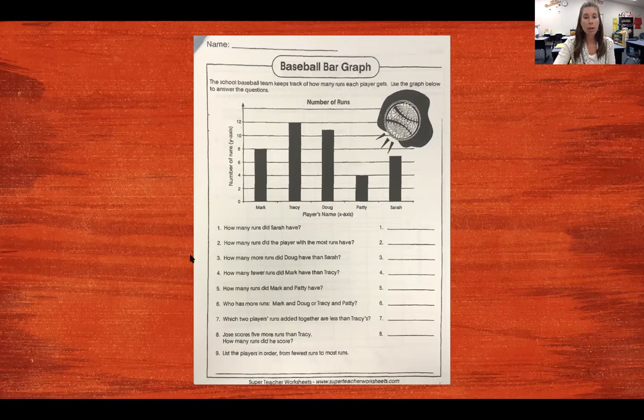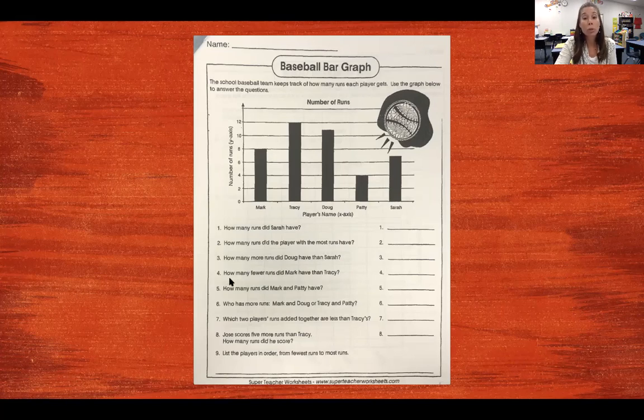Okay, let's look at the questions here. How many runs did Sarah have? Number 2, how many runs did the player with the most runs have? Number 3, how many more runs did Doug have than Sarah? Number 4, how many fewer runs did Mark have than Tracy?